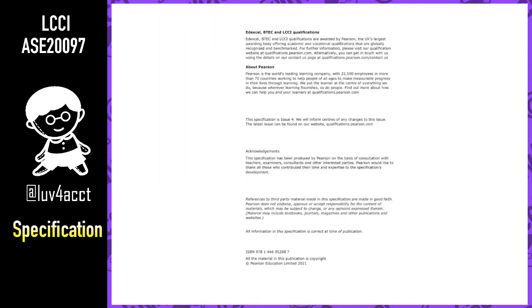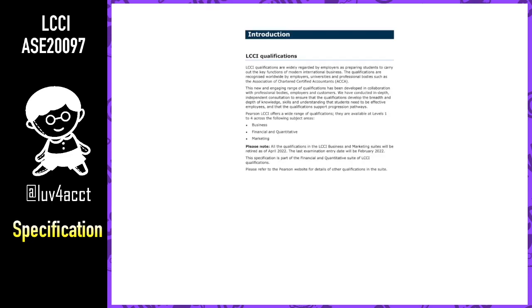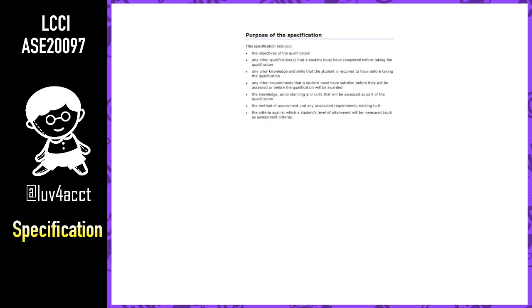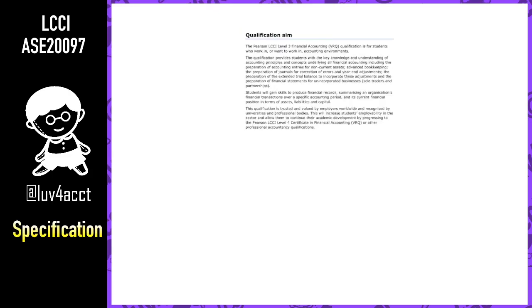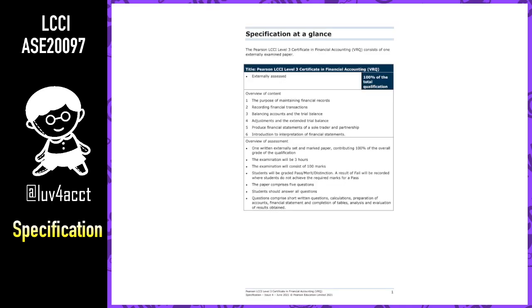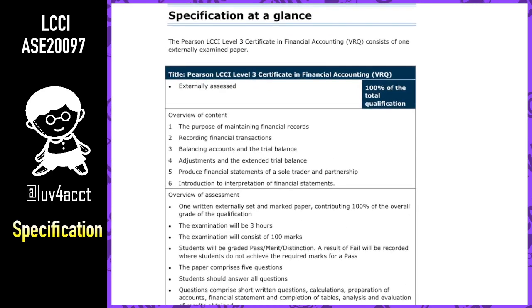Okay, let's start. This spec, you can get it on the official website of Pearson, LCCI. If you are taking third level, I guess you are not new to LCCI, so just skip the introductory pages, and we will go to this specification at a glance.